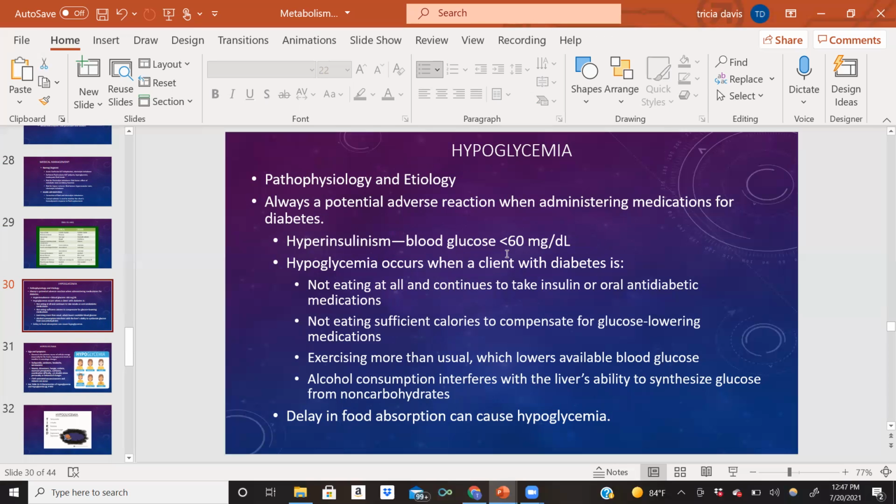And we see it with patients who consume alcohol because alcohol interferes with the liver's ability to synthesize glucose from non-carbohydrates. So when we have a patient who is not eating at all and they continue to take insulin, we know that we can drop their blood sugar. If you have a patient in the hospital, this happens very frequently, so you guys really have to be aware of this.